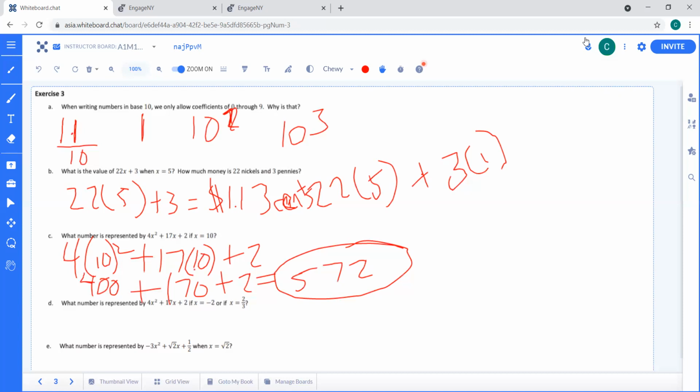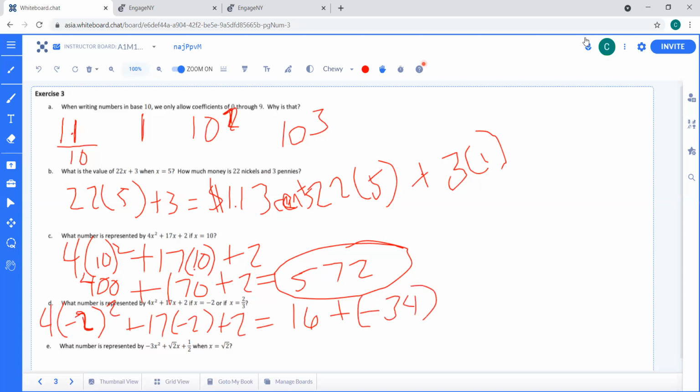So let's just do that. A negative 2 squared is 4. So 4 times 4 is 16 plus, now 17 times a negative 2 is actually going to be a negative 34, plus 2.